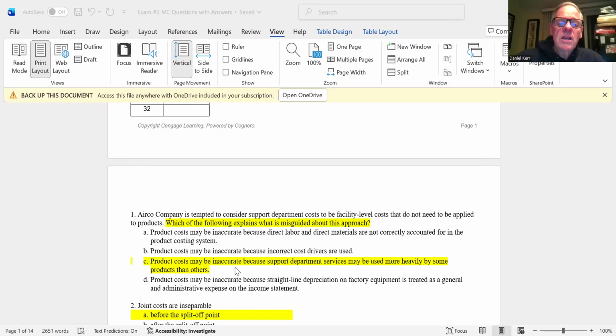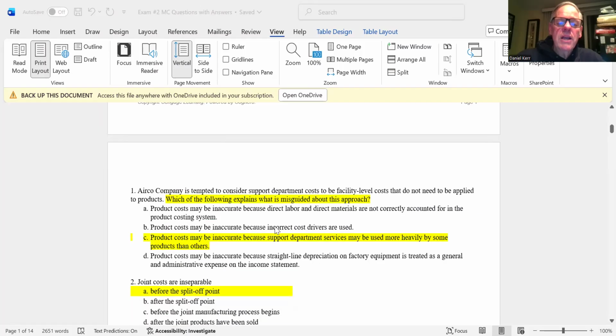So if you apply one blanket rate to all the different products, you're going to find that the amount of use of the support departments by each of the products might be very different. So the one that explains why this approach is misguided would be item C.